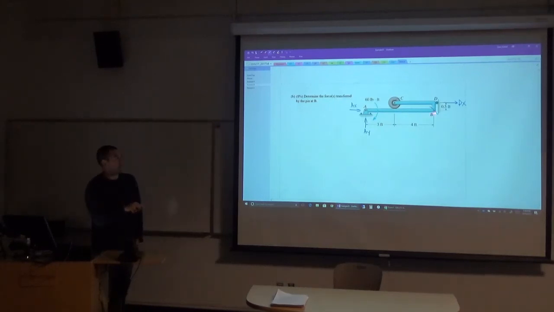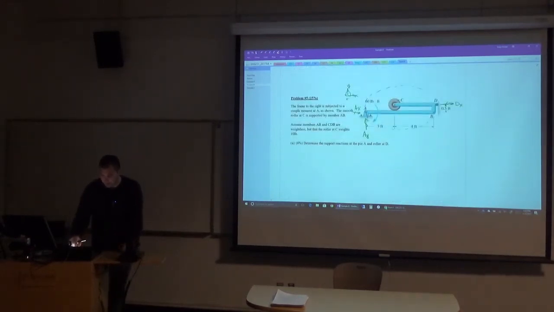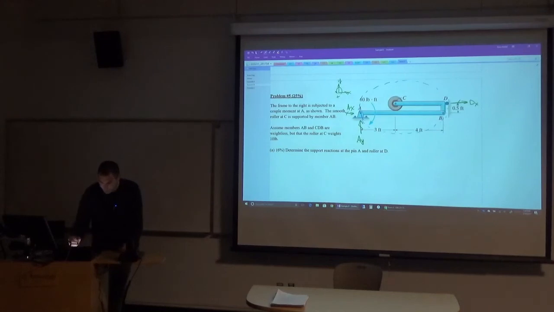Right, it's pinned and it's pinned. I mean, this load is applied just at A. Why is it not? Yeah, because of this roller. This roller is pushing down. And actually the one thing that we figured out on the previous free body diagram is that there is some additional weight being applied.